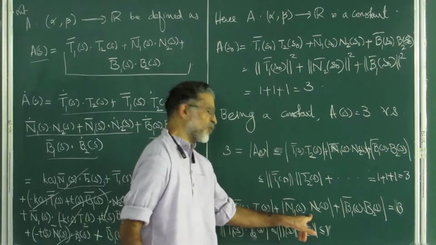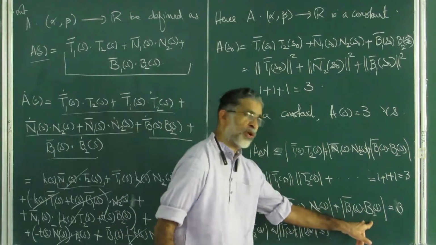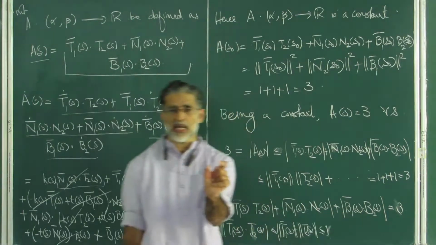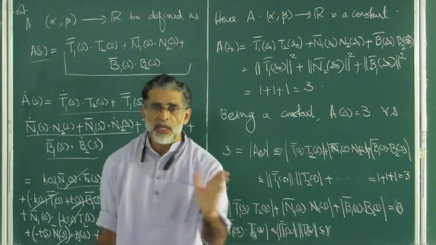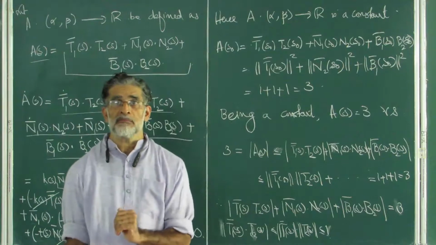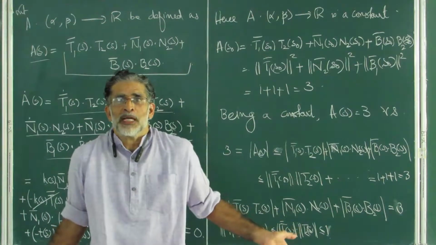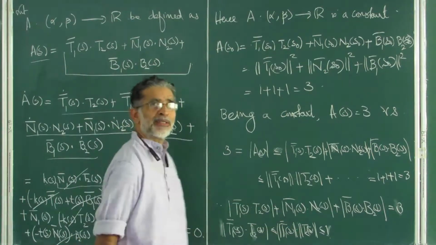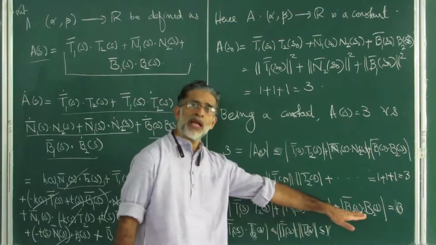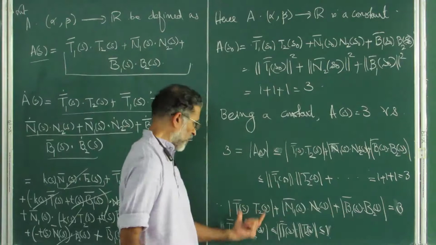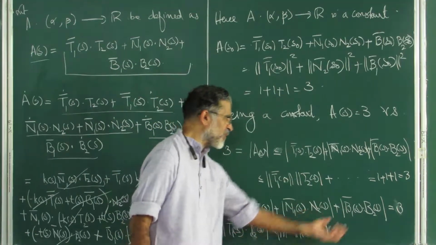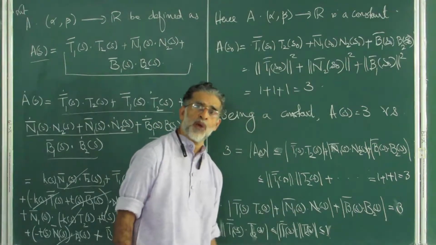Similarly, this is also less than or equal to 1. This is also less than or equal to 1. So you have 3 real numbers, all 3 of them less than or equal to 1, and their sum is 3. Therefore, there is only one option, namely, all 3 numbers have to be equal to 1. So modulus of this is 1, modulus of this is 1, modulus of this is 1.